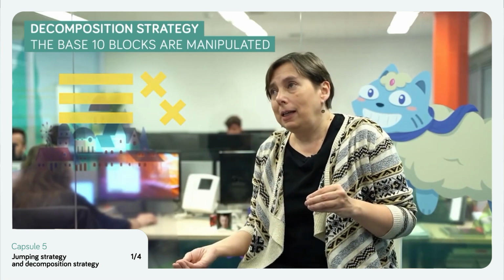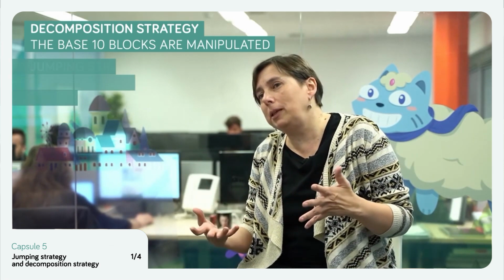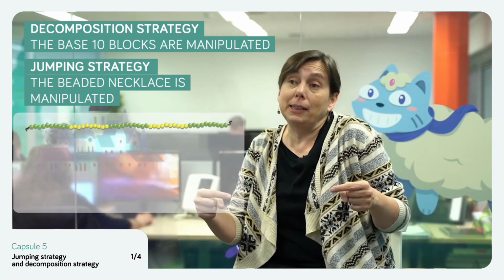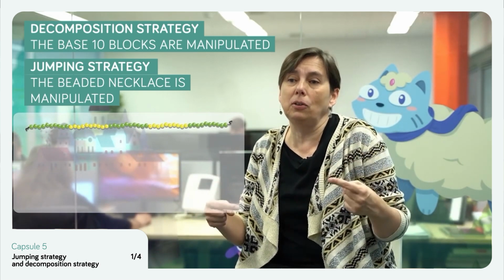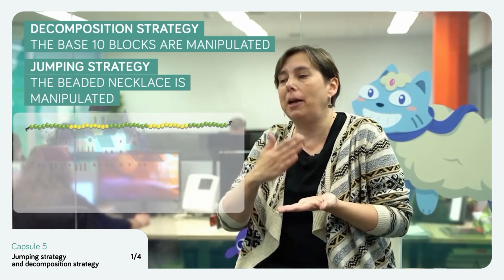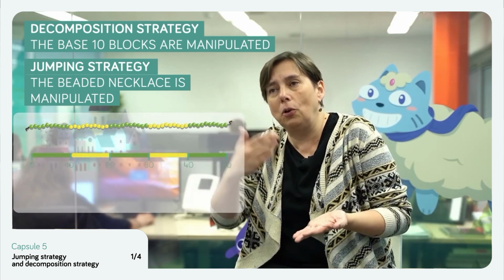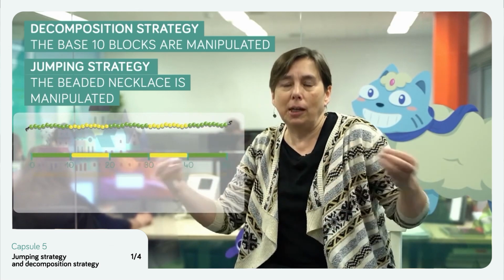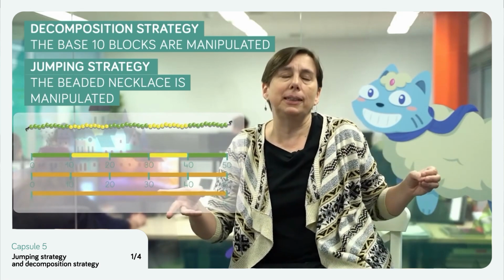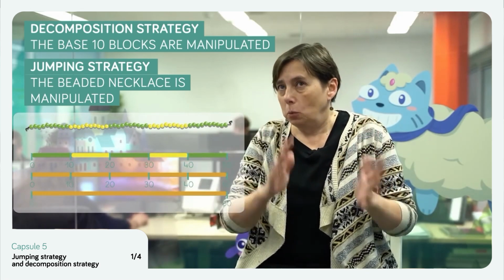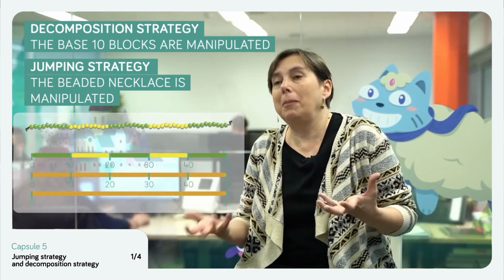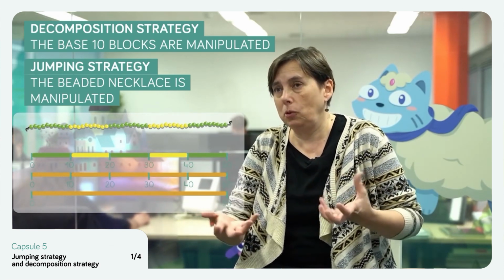While for the jumping strategy, the associated manipulative materials are beaded necklaces, and from this material we seek abstractions, about which we have already spoken: we go from the necklace to the bicolor line, from the bicolor line to a line with only one color but with some demarcation, until we reach the empty number line. Therefore, one differentiating characteristic of the two strategies is the supporting material on which they are built.